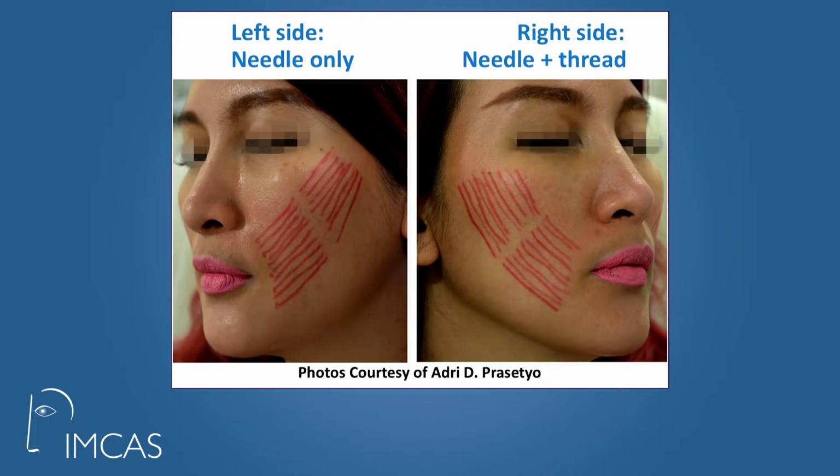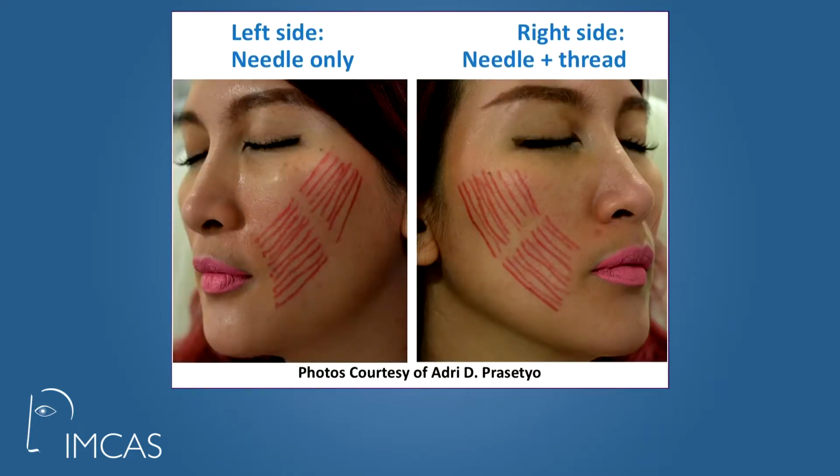I performed this in some of my patients for a split face. On the first side, the right side, I introduced both the needle and the monofilament thread. Then the same needle that was first introduced with the thread, now after I performed the right side, is just the needle without the thread, the same exact needle.